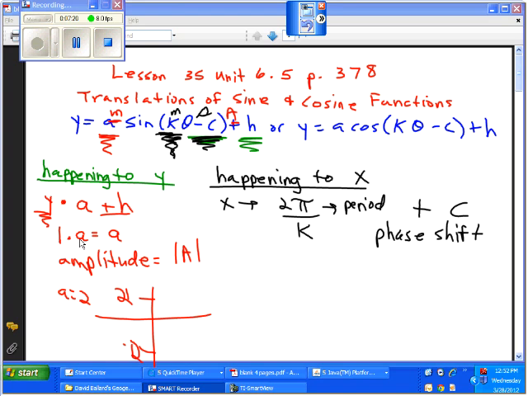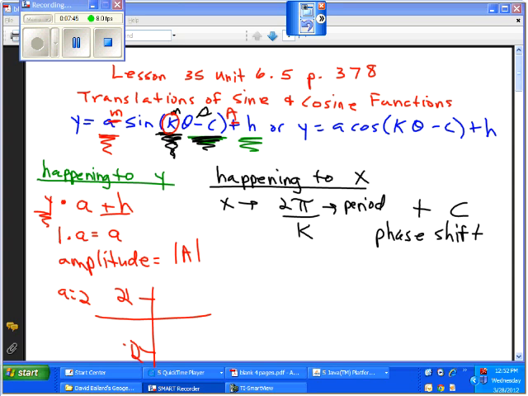Okay? Now, your phase shift is only going to be C if there's not a K. See, if K is 1, your phase shift is C. But if you put something else in there, that K is going to move it.